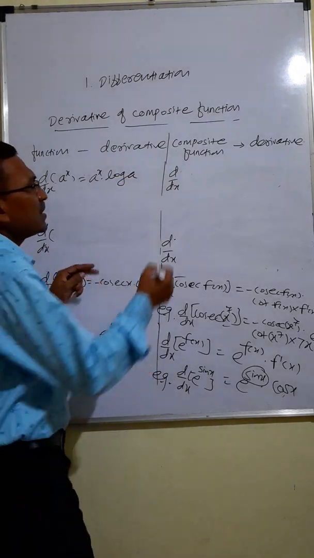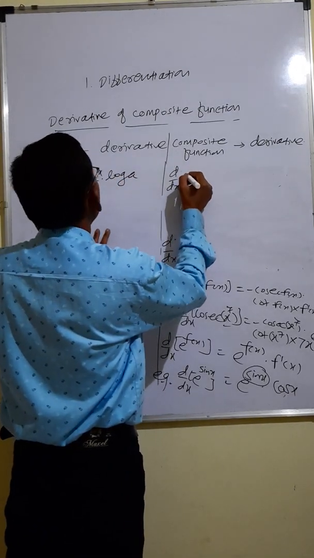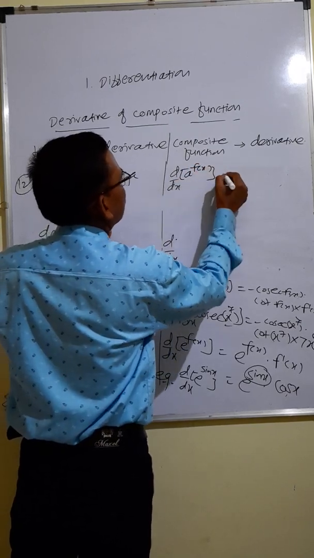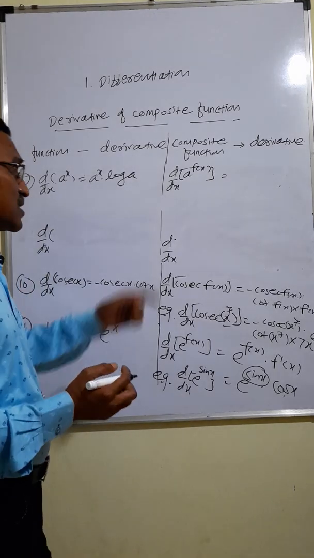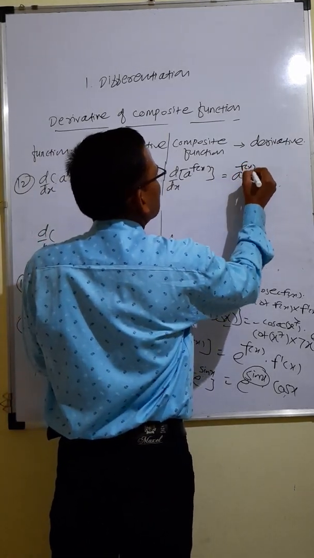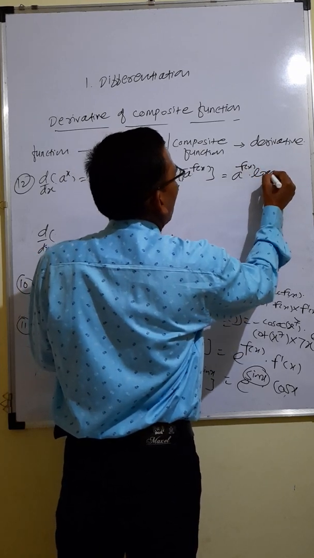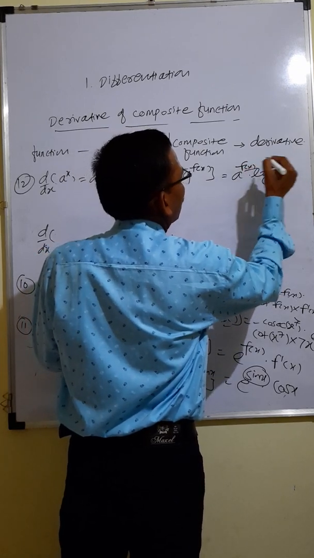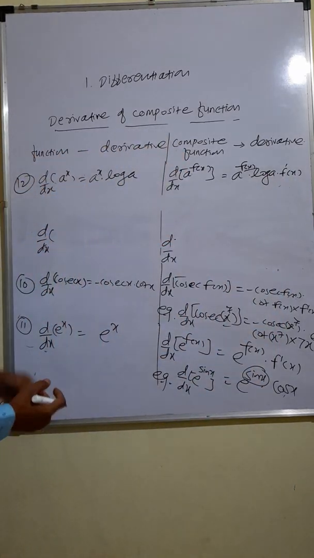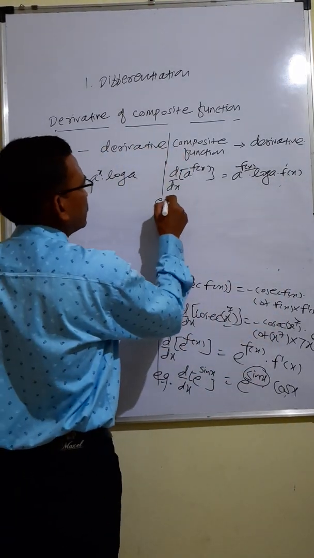And in the same way, the derivative of the composite function a raised to f of x is a raised to f of x into log a into the derivative of this, f dash x.